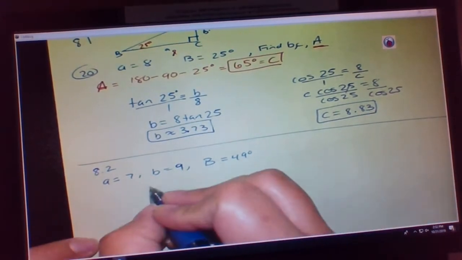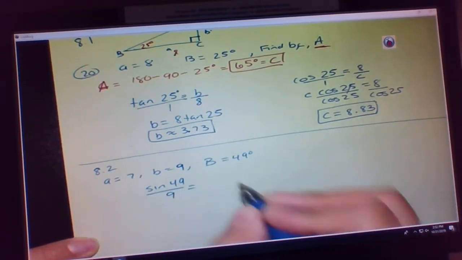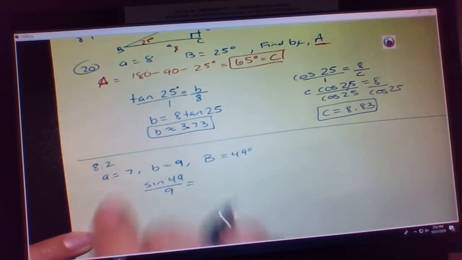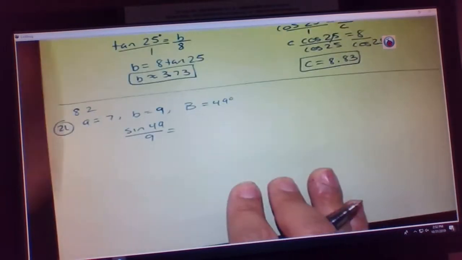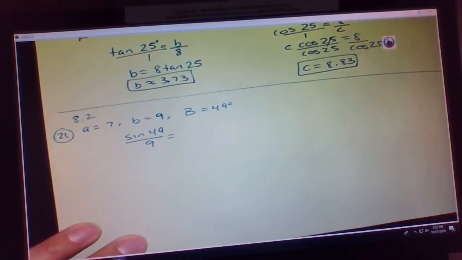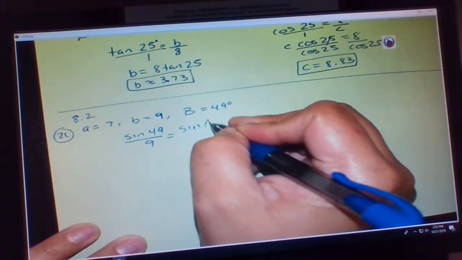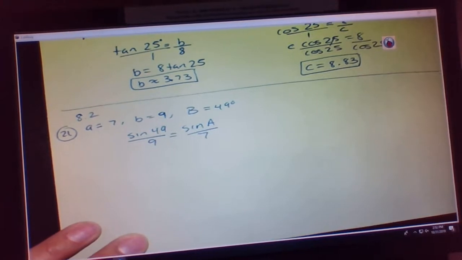The one you know is sine of 49 over 9. That's number 21. Sorry. Number 21. So sine of 49 over 9 equals sine of A, which I don't know, over 7. So let's look for angle A first.